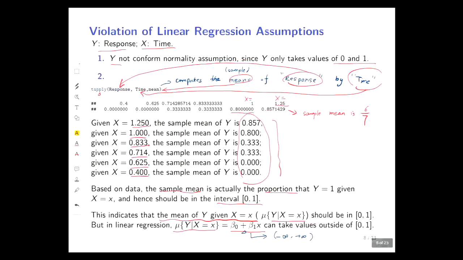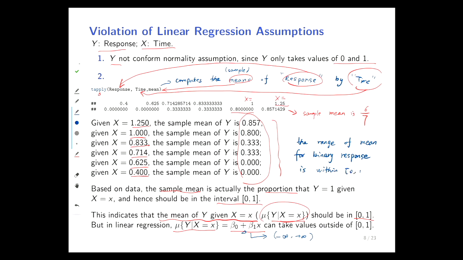But for this kind of binary case, we always have our mean of response within this interval 0 and 1. We do not have minus infinity and plus infinity. So the conclusion here is that the range of mean for binary response is within 0 and 1.